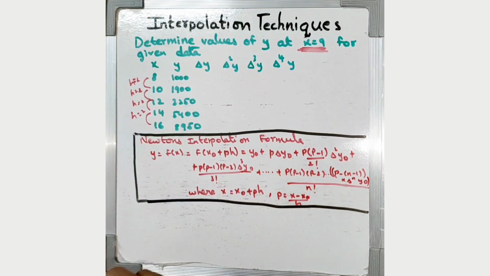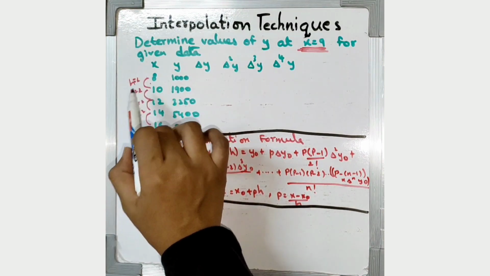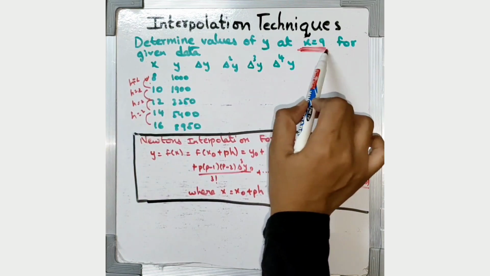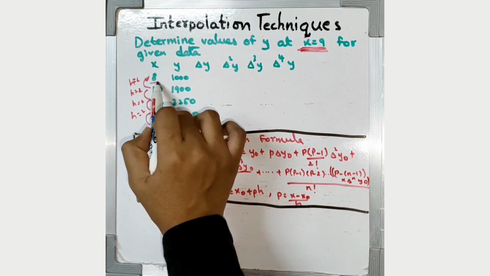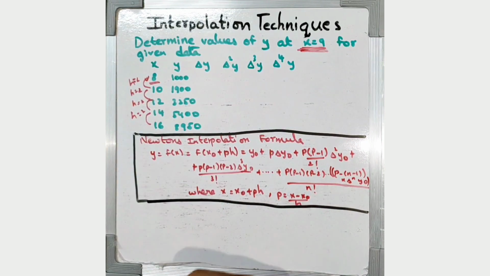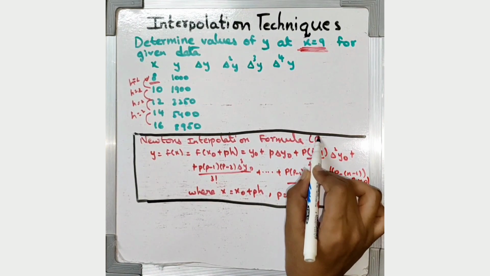So when should we use forward? When the value of x lies at the starting of the table. Yes, the value of x, which is 9, lies at the starting of the table. So we have to go for the forward interpolation formula.